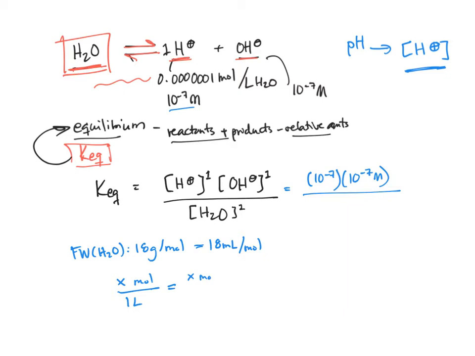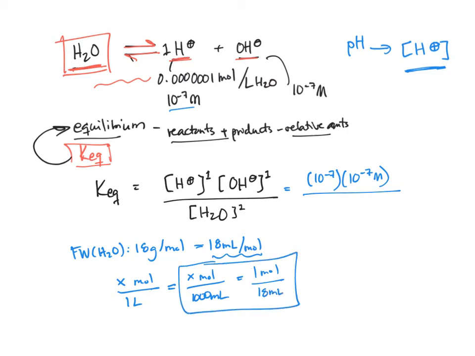Or we could write it as how many moles are in 1,000 mL. And we know that here we have 1 mole with 18 mL. Let's solve for X. It turns out the concentration of pure water is 55.5 moles per liter, or molarity.